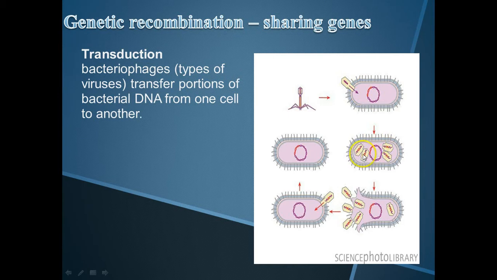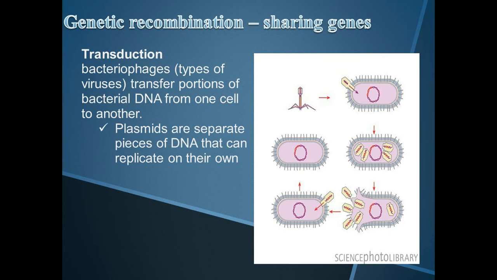You can see that if you look closely at the DNA in the virus, it takes up part of the DNA from the bacteria. The bacteria dies and releases all of the viruses that go to another bacterial host and inject the DNA from the first bacteria into a new one.